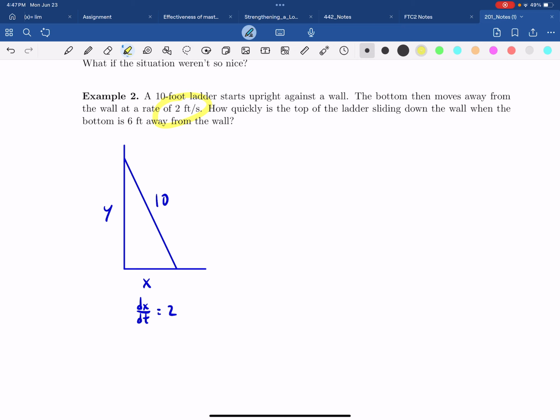From this guy. Maybe that's worth just highlighting really quickly. Okay. What we're trying to find out is dy over dt. Right? And maybe I should write feet per second.